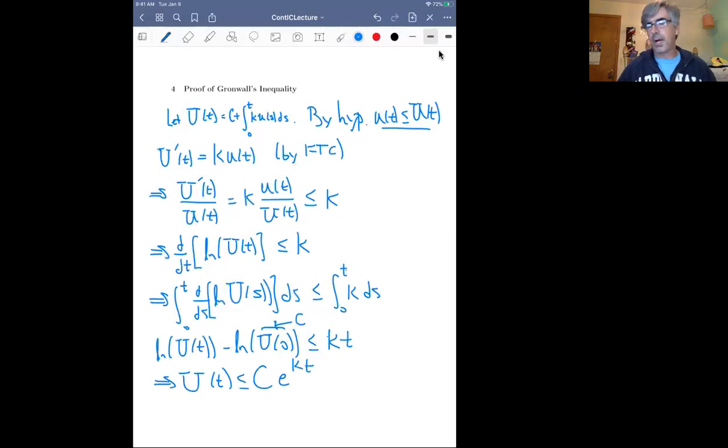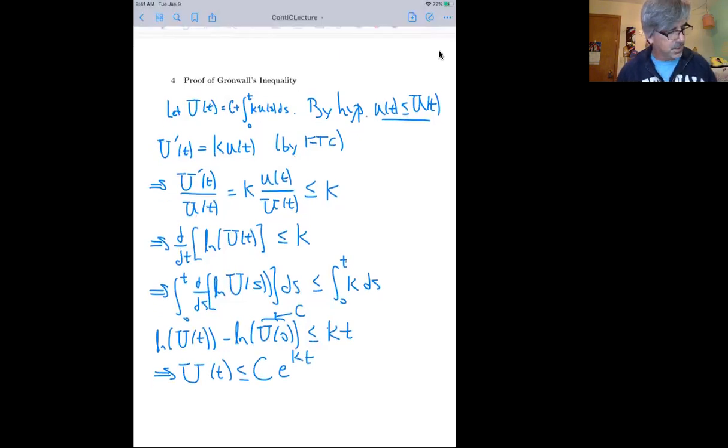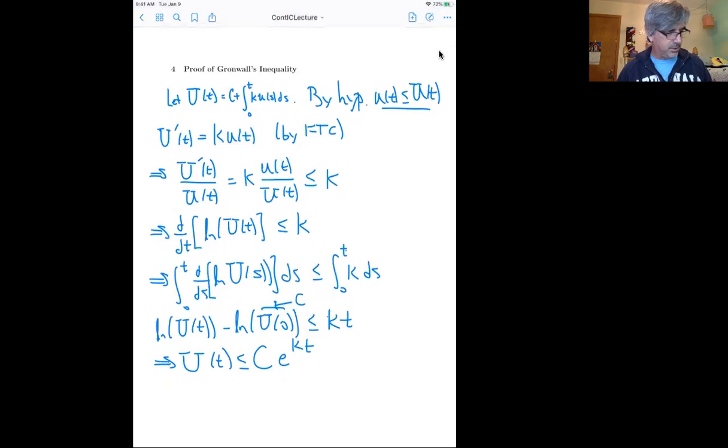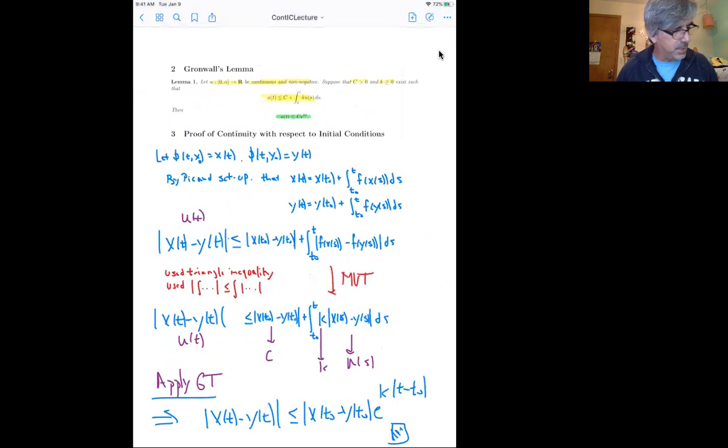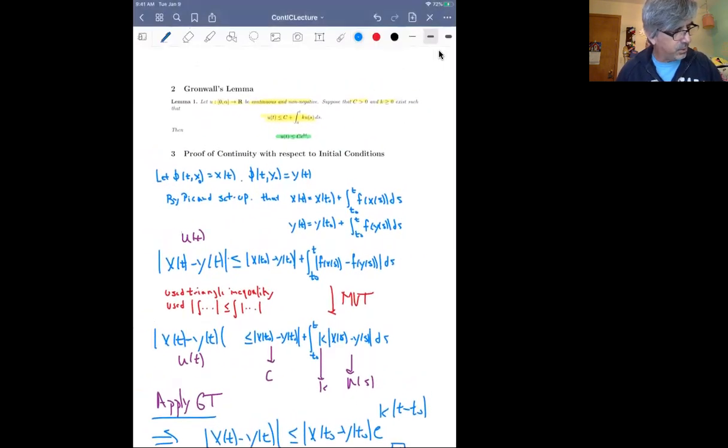Now at this point you might think we're done, because I have shown that capital U is less than or equal to c e to the kt. And that looks very much like what the conclusion was in Gronwall's inequality, right here highlighted in green.